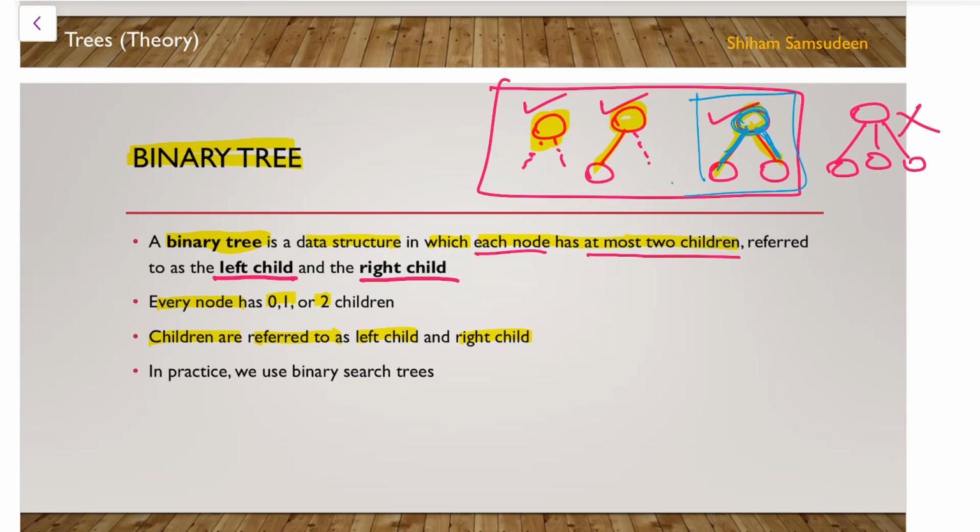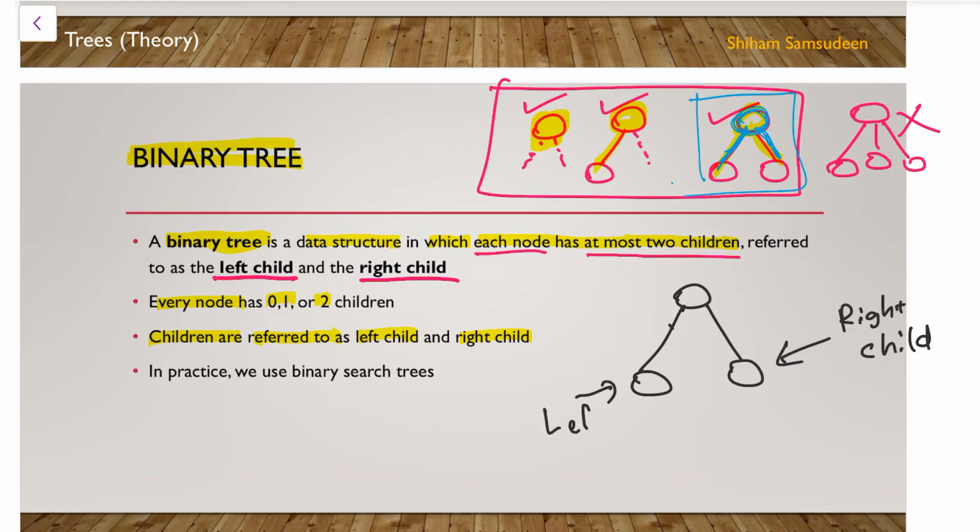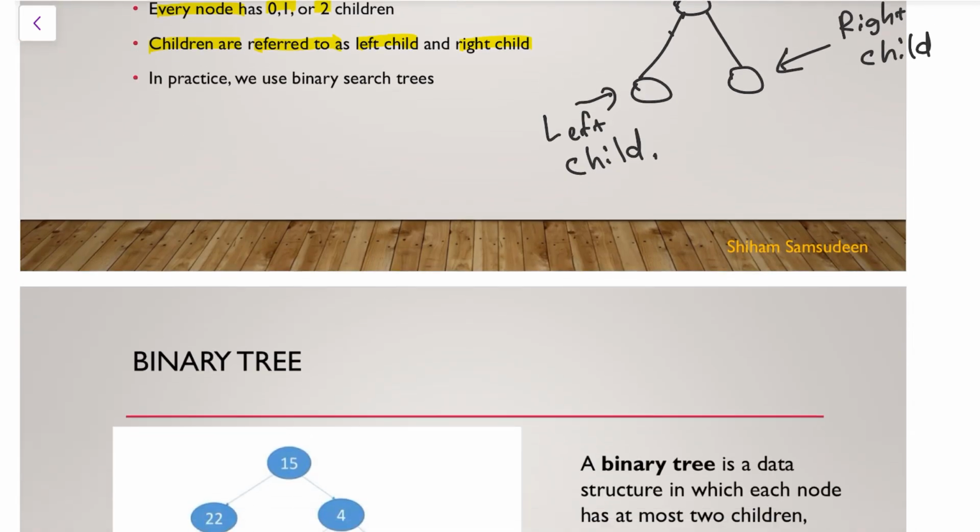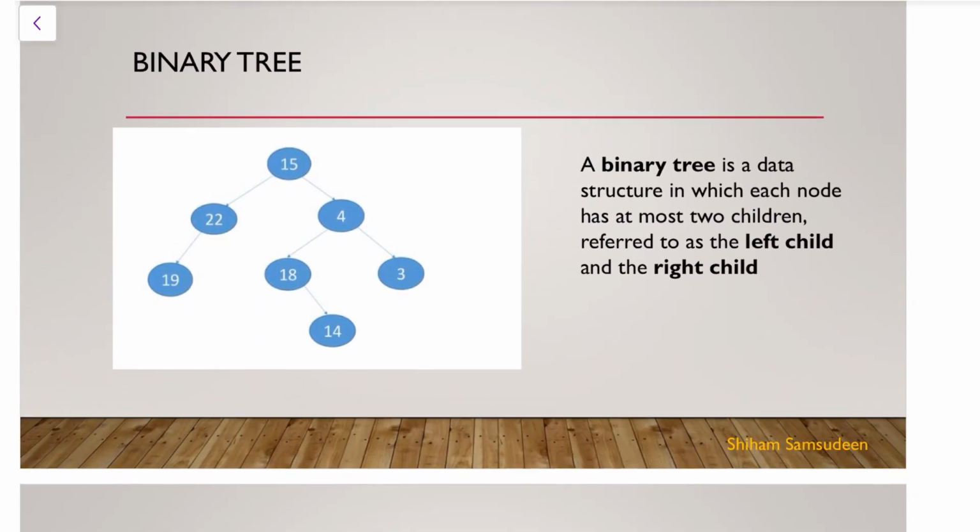So if you have a tree like this, this is called the right child, and this is called the left child, right? And then when you move on, the binary tree is a data structure in which each node has at most 2 children, referred to as left and right child.